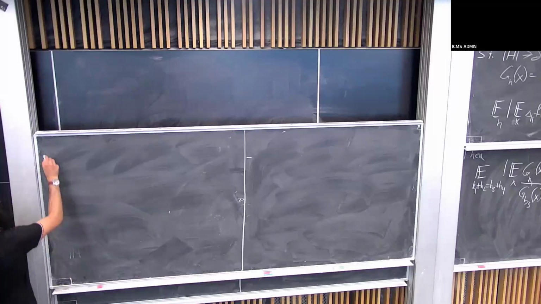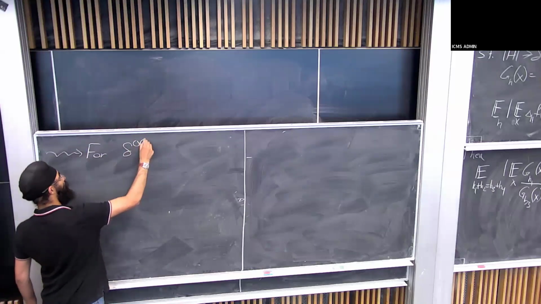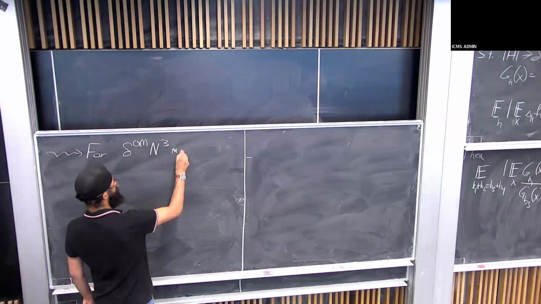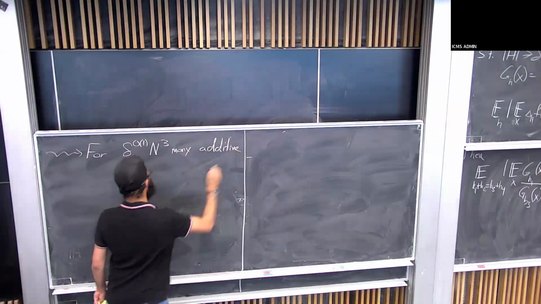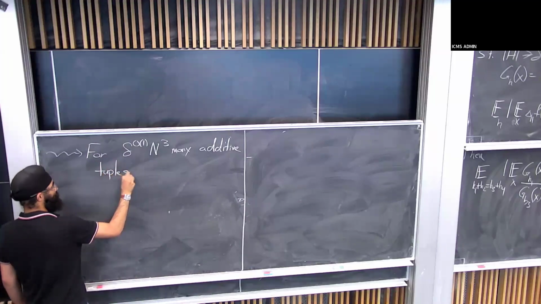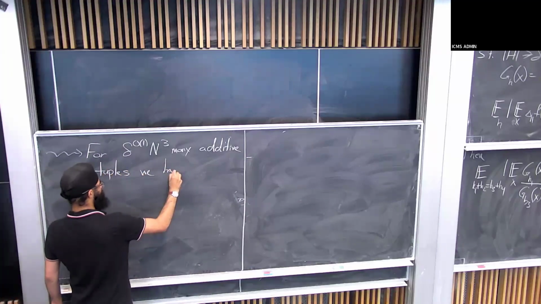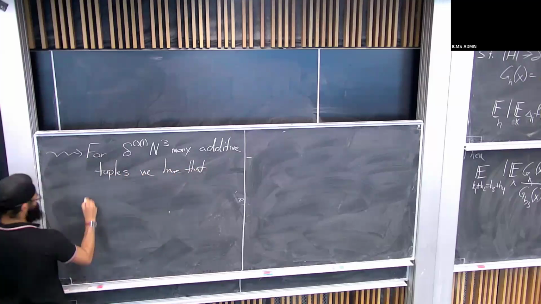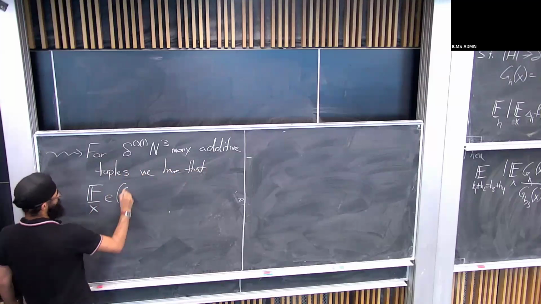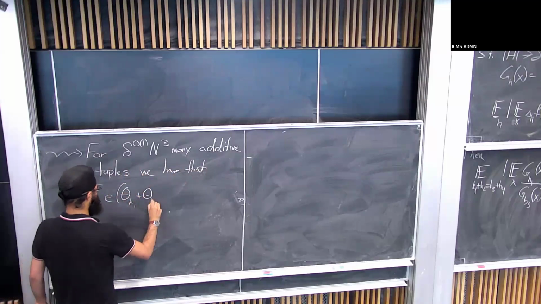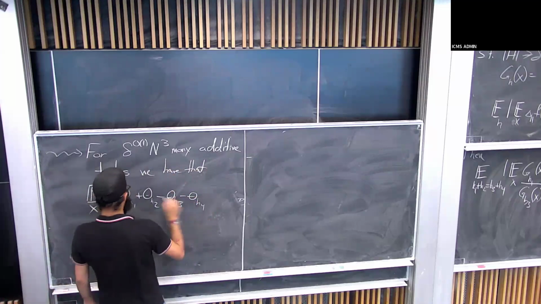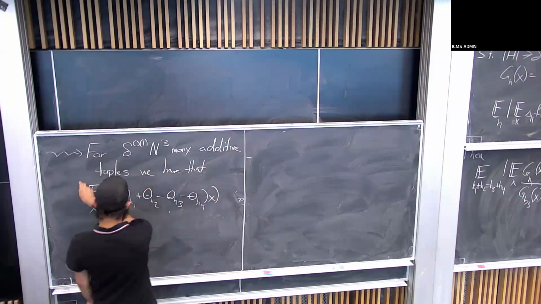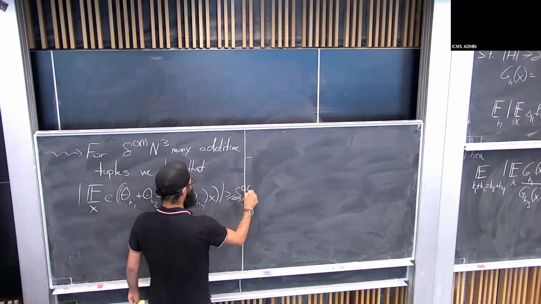So for delta to the O(1) times n cubed many additive quadruples, we have that the expectation over x of e of theta h1 plus theta h2 minus theta h3 minus theta h4 times x is bigger than delta to the O(1).